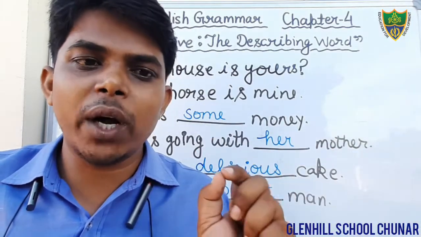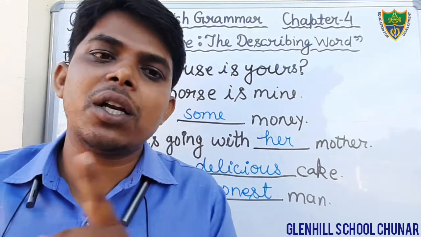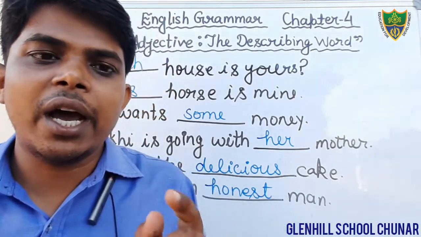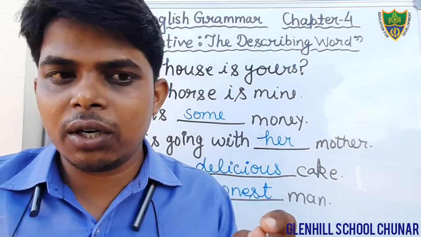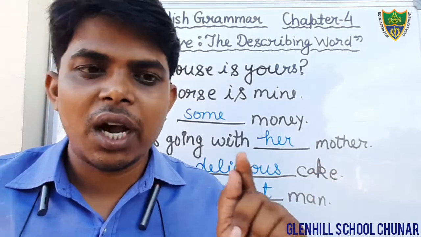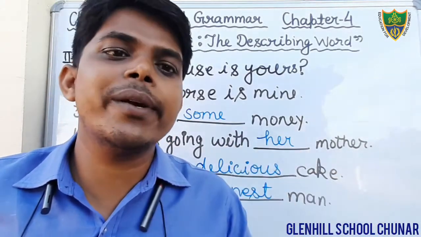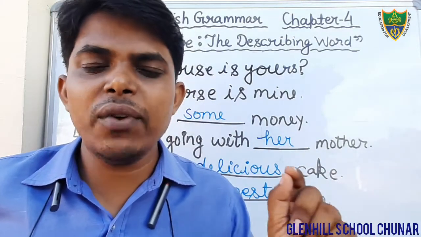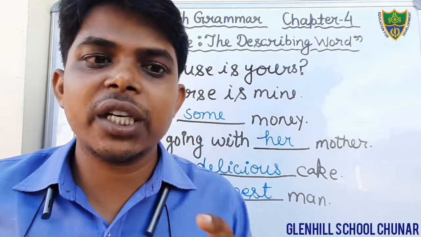Here we compare one person or one thing with another. And we use the word more sometimes. And sometimes we add er to the positive degree to make the comparative form. And we also use the word than just after that.